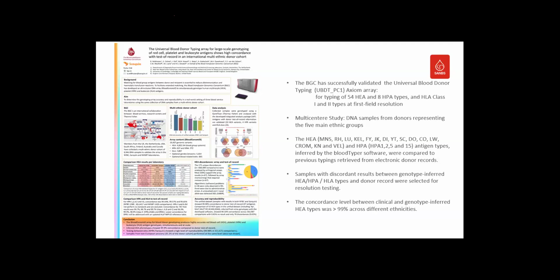And basically, bottom line is, doesn't matter whether you look at the red cells, at the platelets, or the HLA, the concordance level between clinical and genotype inferred red blood cell types, but the same actually applied to HPA and HLA, was more than 99% across different ethnicities. So that is overall for all the samples, and overall our South African samples also met this 99%, but we do have a few, as I've mentioned before, some challenges in the RHD and the MNS group, which we will explore further.